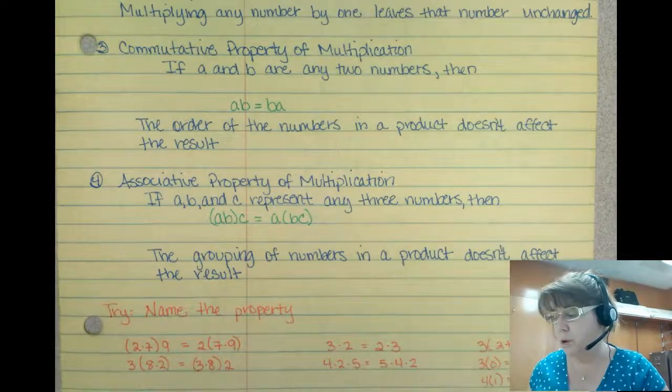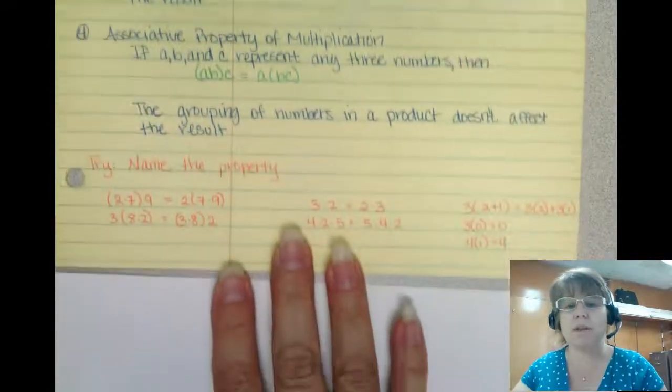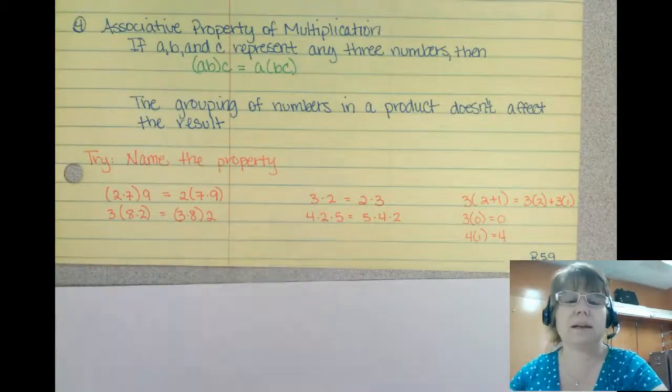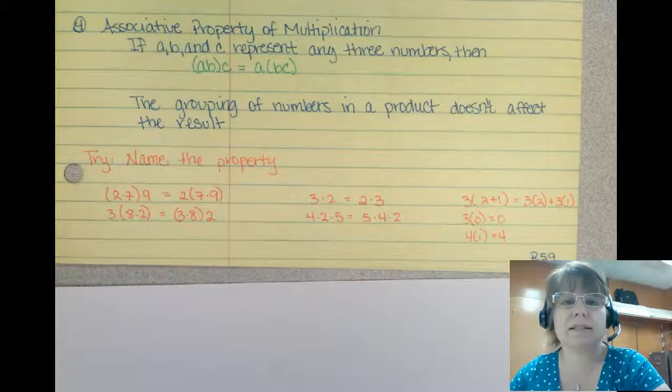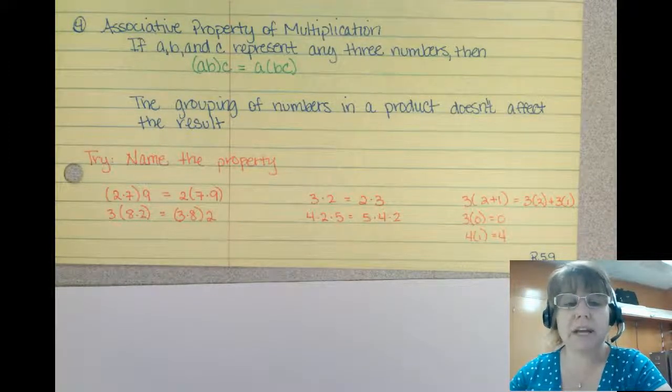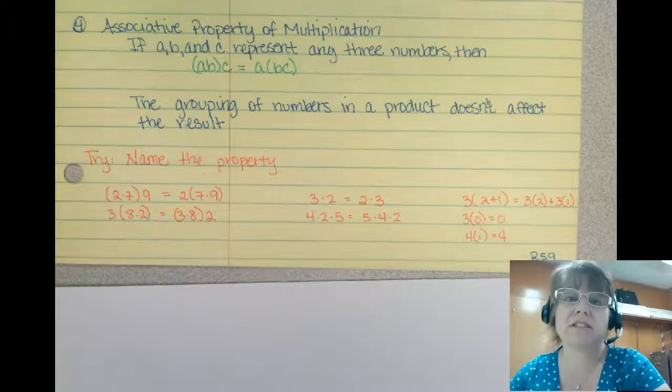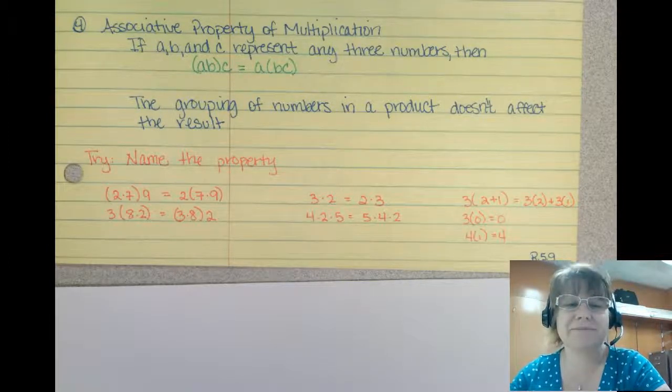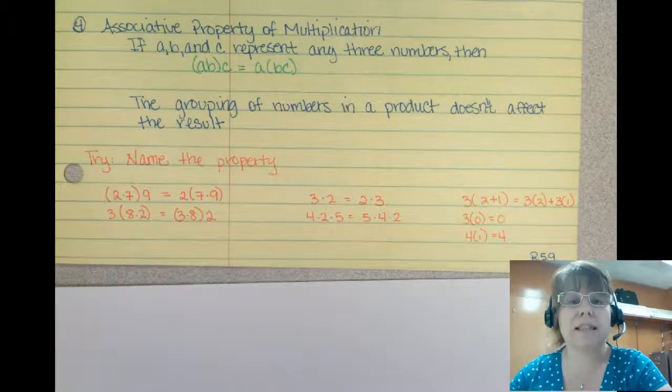So think about those properties. See if you can run through each of these examples and name the property that it looks like. I'll let you pause the video and try it yourself, and then come back to the video for the answers. So the first one is 2 times 7, then times 9, equals 2 times the quantity 7 times 9.